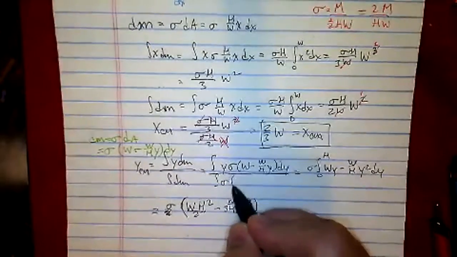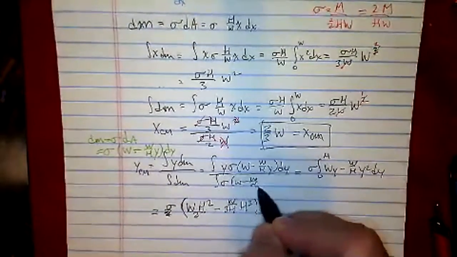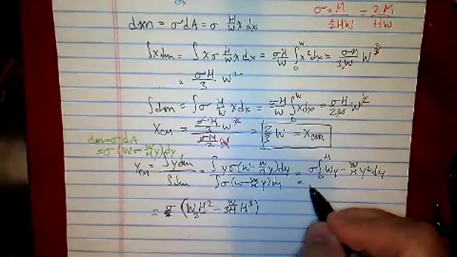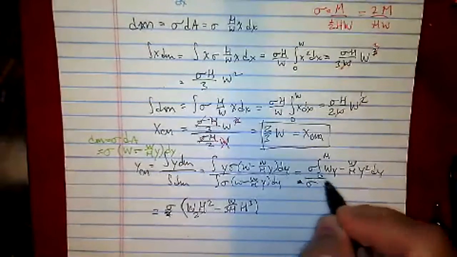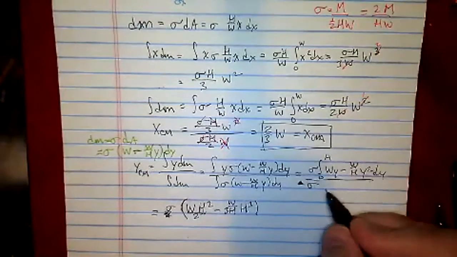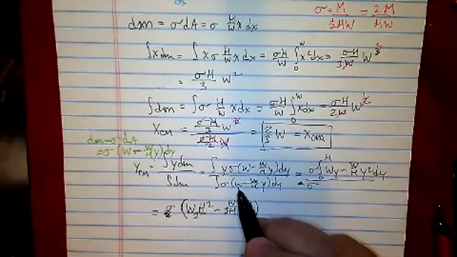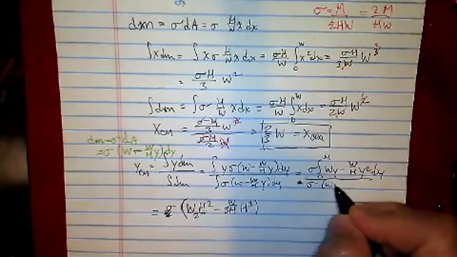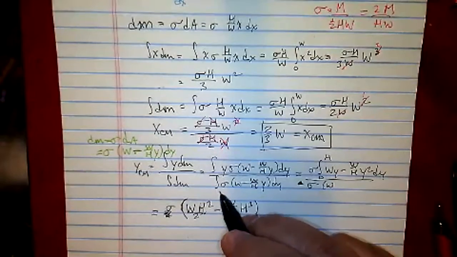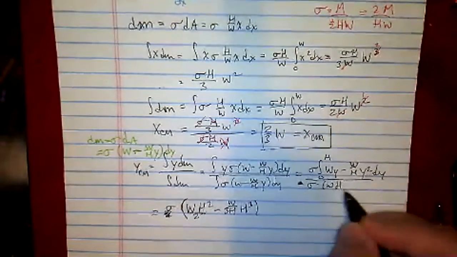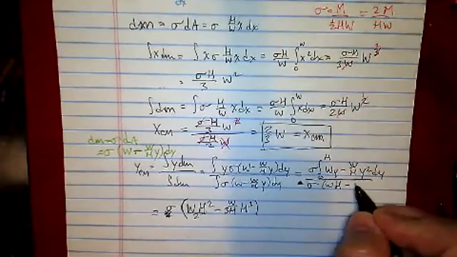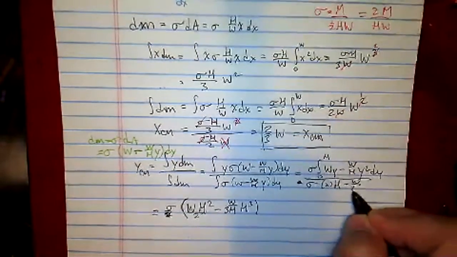And that's the top. Now the bottom's carried out the same way, except without this y, so we get the integral sigma w minus w over h y dy, which equals sigma. Now in this case, integrate w to just get y. So it'll be wy, but evaluated at 0 and h just gives me wh. Then this one has a y to the first power, so this is going to be minus w over 2h.